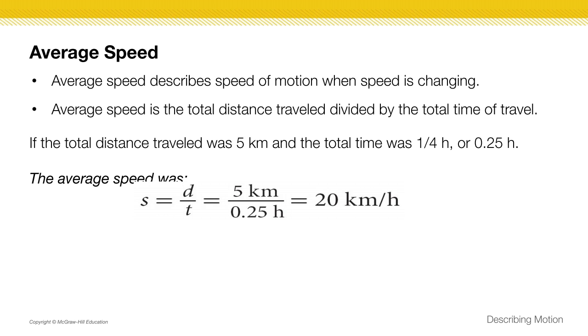Over your total trip, if you want to know your average speed, you're going to take the total distance that you traveled and divide it by the total time that you traveled. That's going to give you an average estimate of about what your speed was.